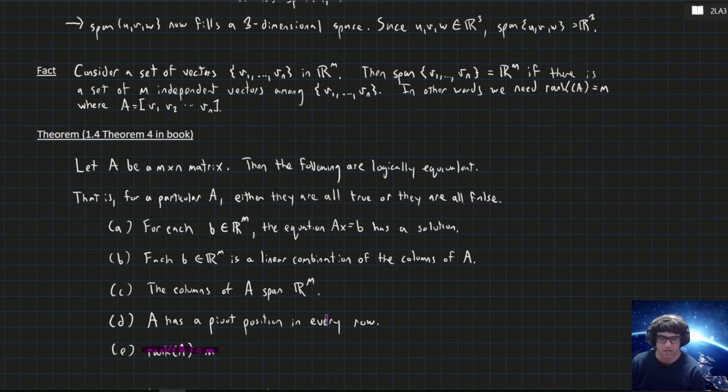Check if it has a pivot in each row. That's the same as checking its rank to be m. So if we check this, then we automatically know that all these are also true. And if it turns out that the rank is less than m, then we know that all of these are false.